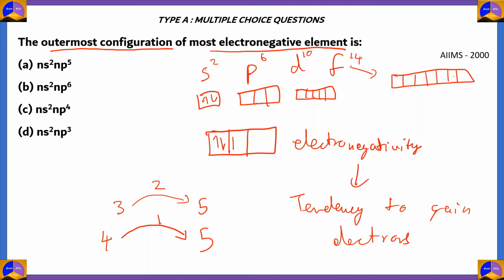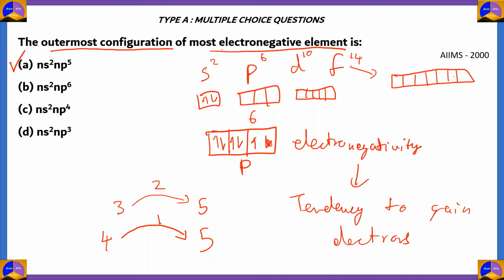Since each orbital can have 2 electrons, the maximum number of electrons in a p orbital is 6. So if a p orbital has 5 electrons, then it would have the most electronegativity because it only needs 1 more electron in order to get that stable electronic configuration. So therefore, we can find out that option A is the right answer.